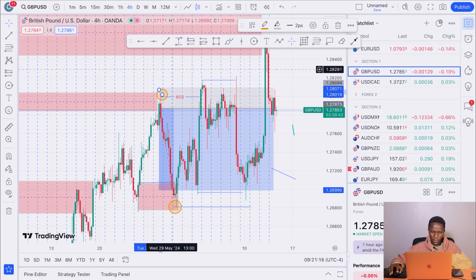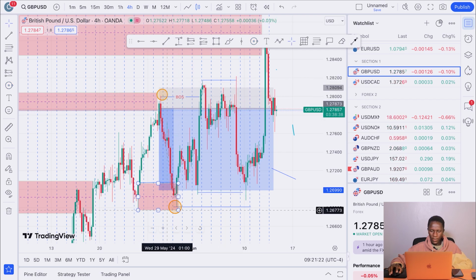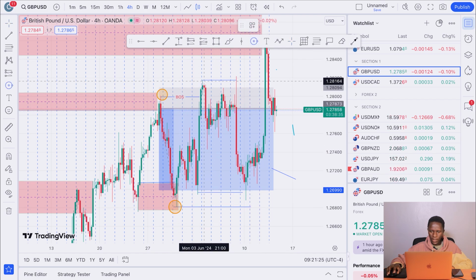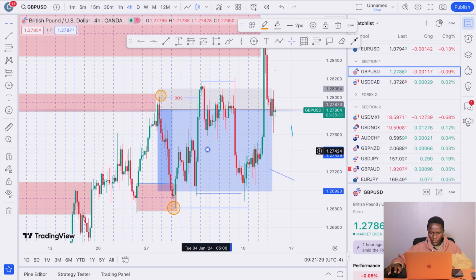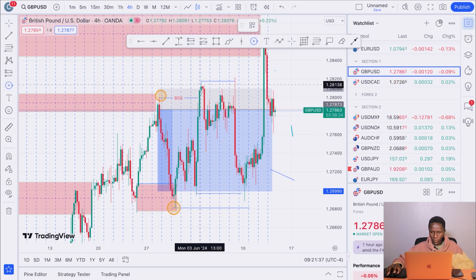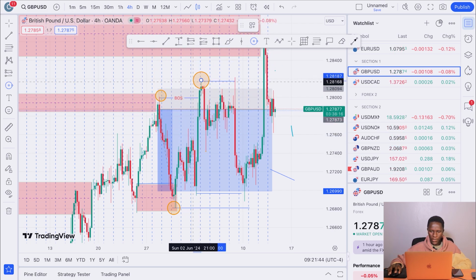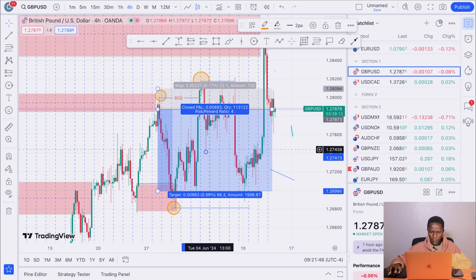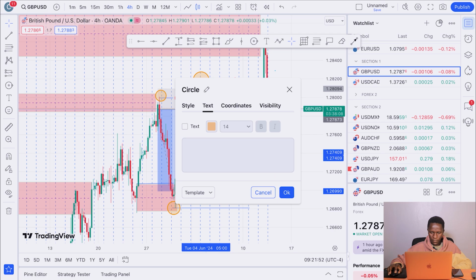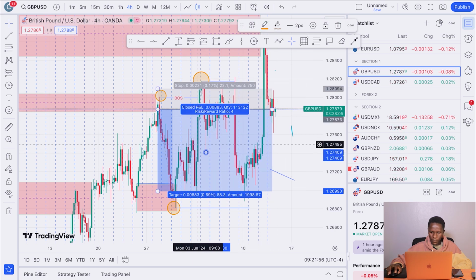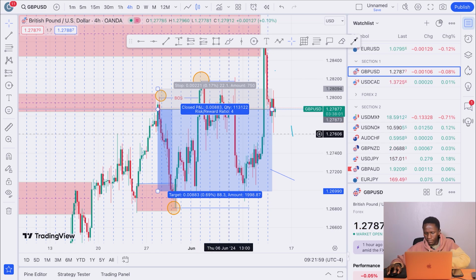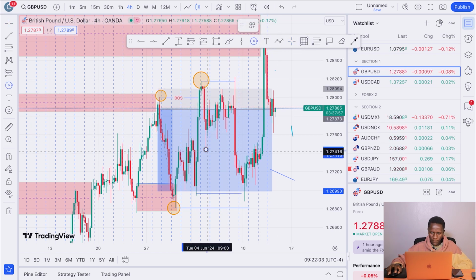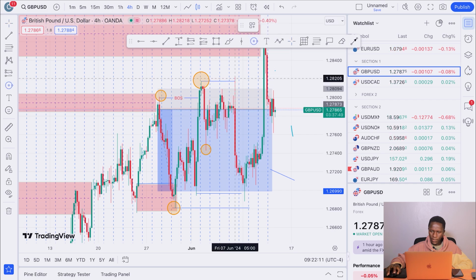After this was violated, after the break of structure, this low was confirmed, and after this move, after it swept the liquidity, this was confirmed as a high, as our new high, and this one here was confirmed after it caused the move that swept this one here.